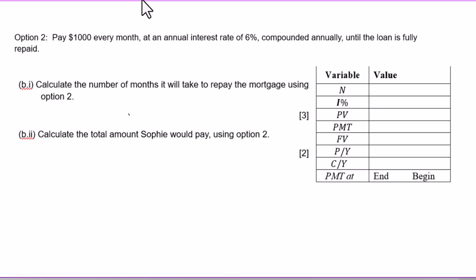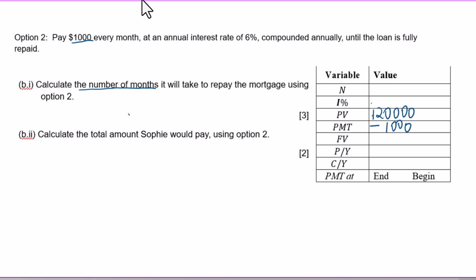Go to B1. Calculate the number of months it will take to repay the mortgage using option 2. For option 2, pay $1,000 every month. Since this is the money out of your pocket, we will put negative $1,000. Present value still positive $120,000.